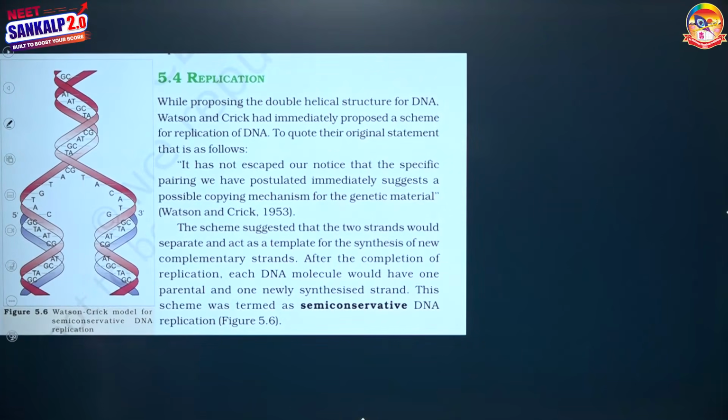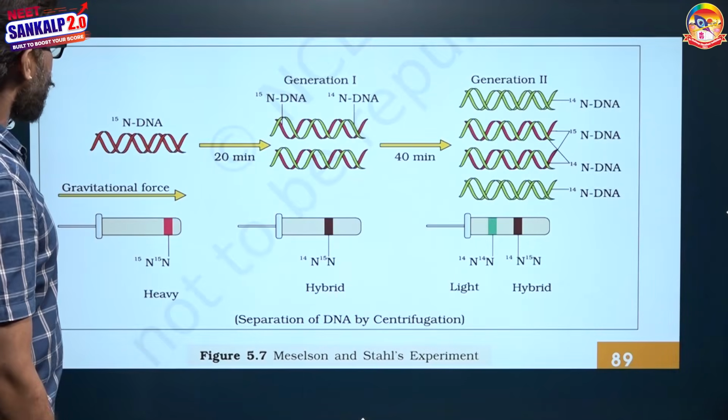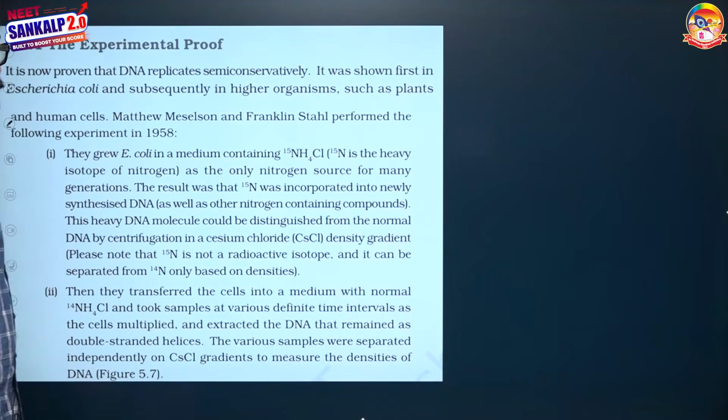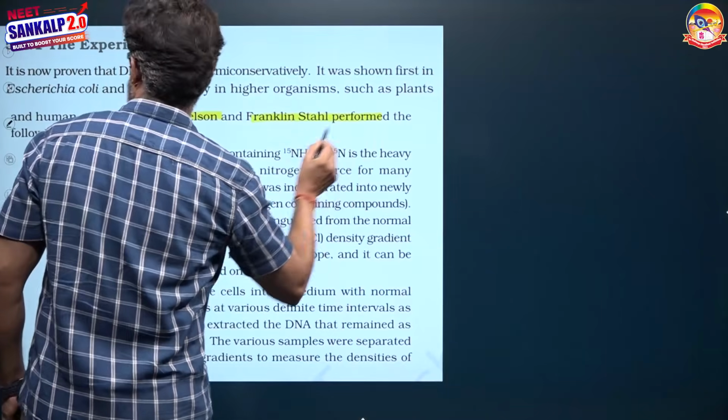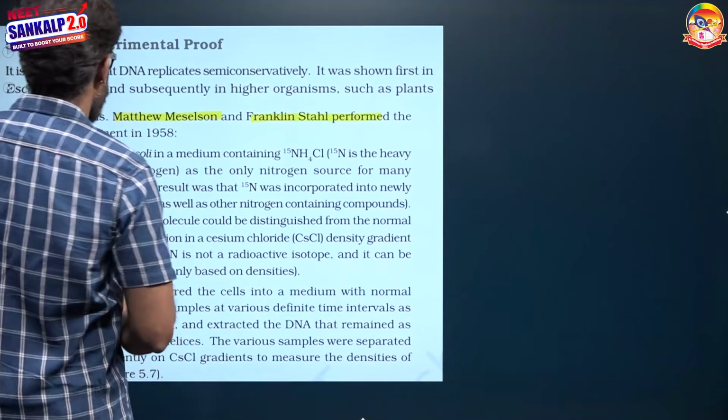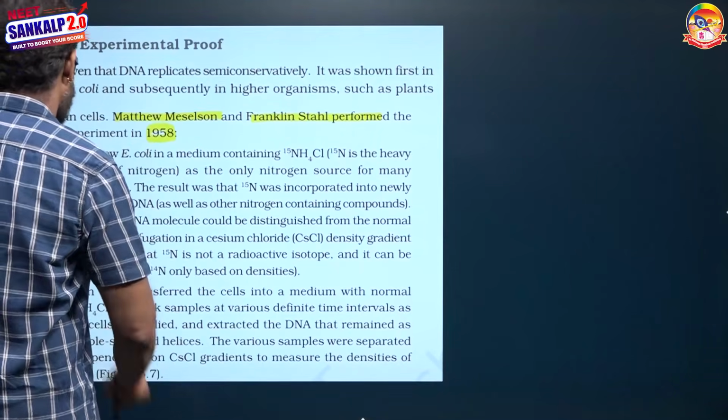The scheme suggested that the two strands would separate and act as a template for the synthesis of the new complementary strand. After the completion of replication, each DNA molecule would have one parental and one newly synthesized strand, means semi-conservative nature. Its semi-conservative nature was experimentally proved by Matthew Meselson and Franklin Stahl in their experiment in 1958.